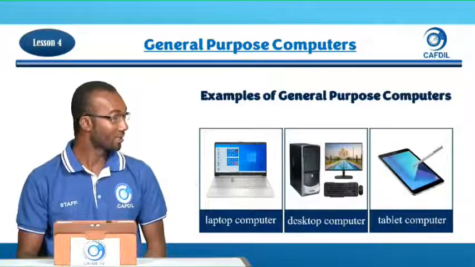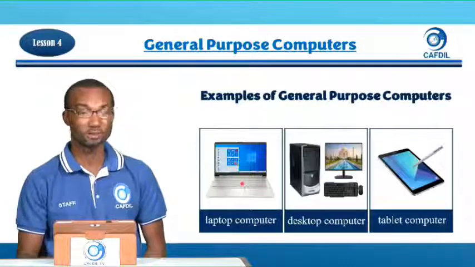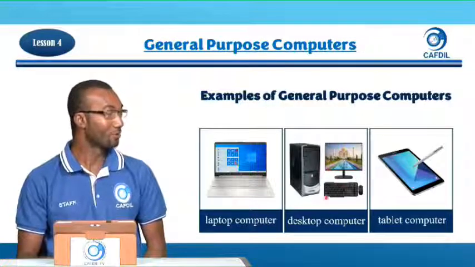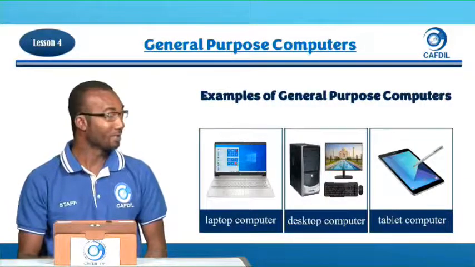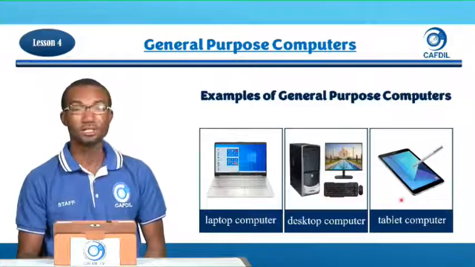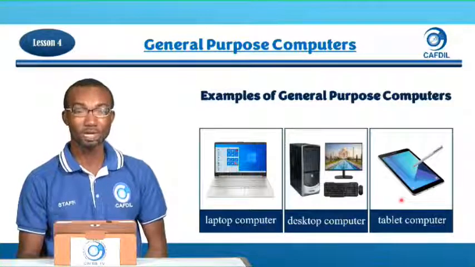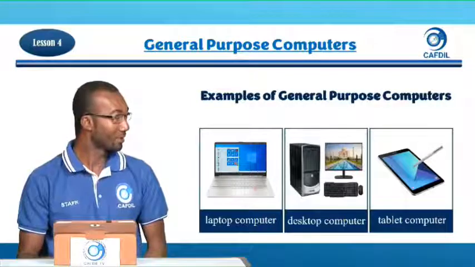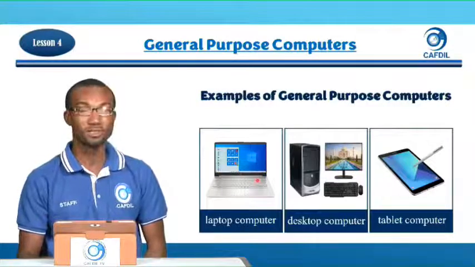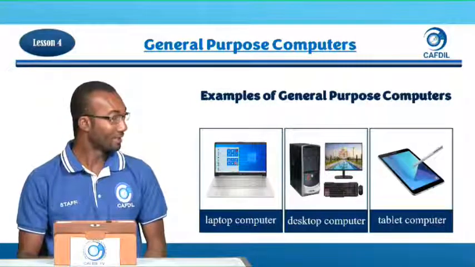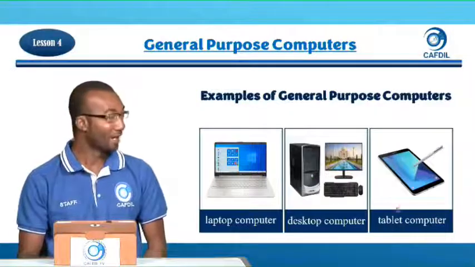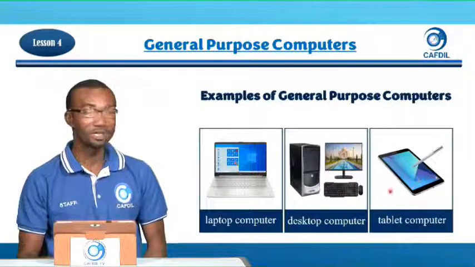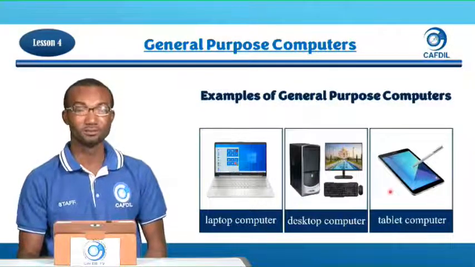I can use this laptop, desktop, and tablet to listen to music. So we have two now. I can use the laptop, desktop, and tablet to watch movies. So we have three different tasks.